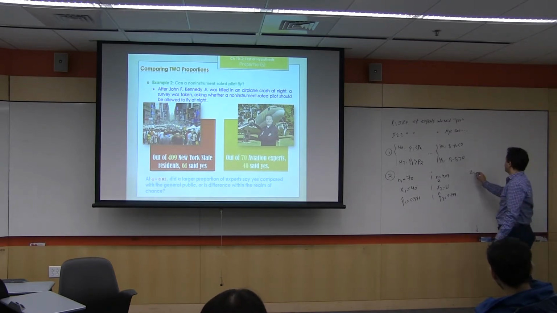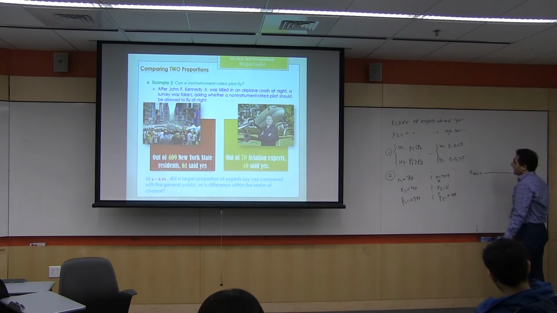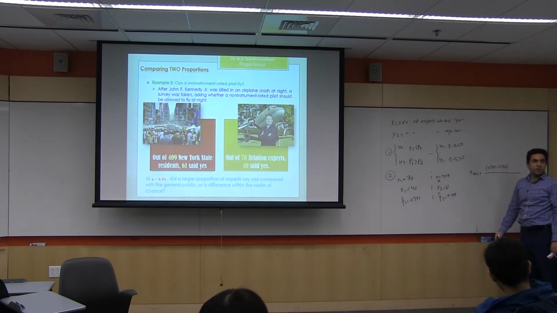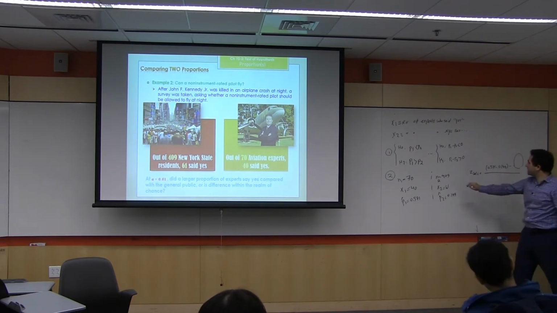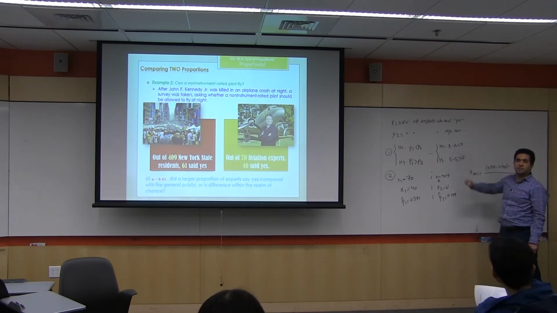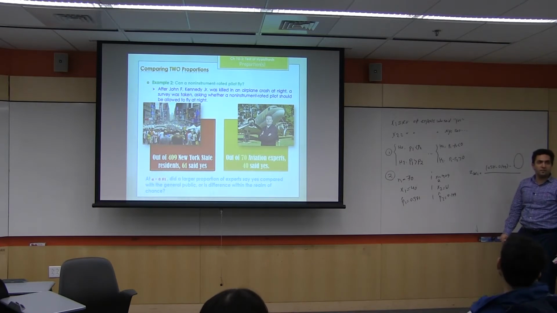It's a z-calc. P hat 1 minus P hat 2: 0.571 minus 0.149, minus P1 minus P2 that you're testing, which is 0, because the difference that you're testing is 0.